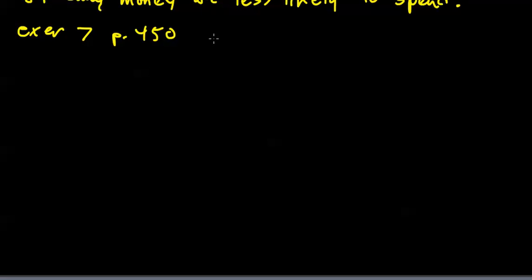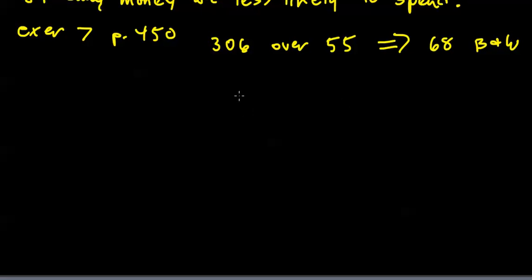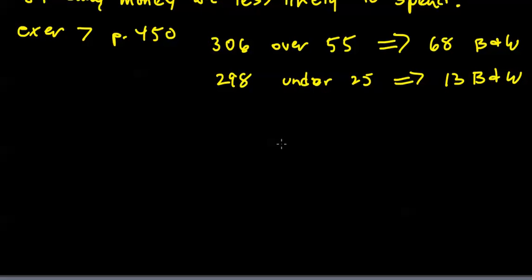Now, let me summarize some of those numbers we were given here in this problem. We have 306 people in our over 55 group, and from that group 68 dream in black and white. We've got 298 people in our under 25 group, and from that group 13 dream in black and white.